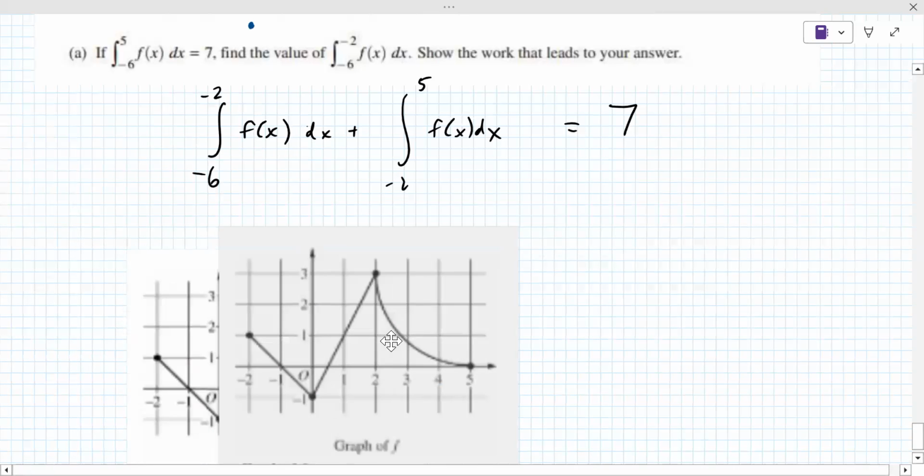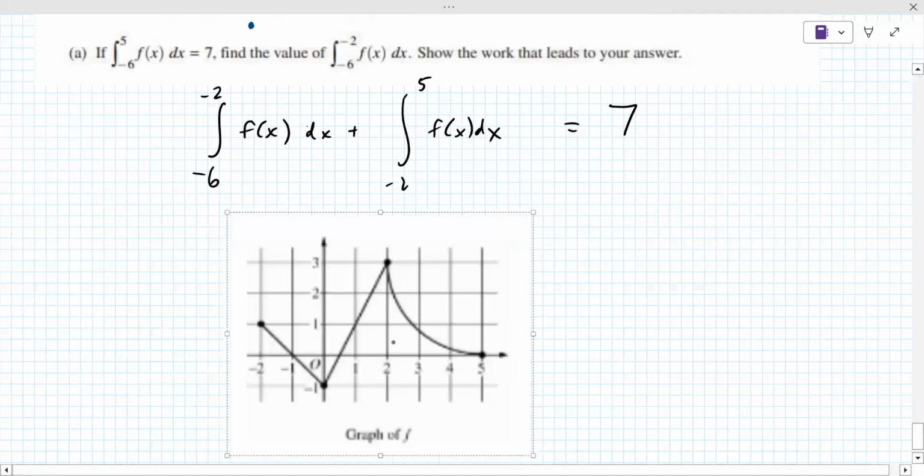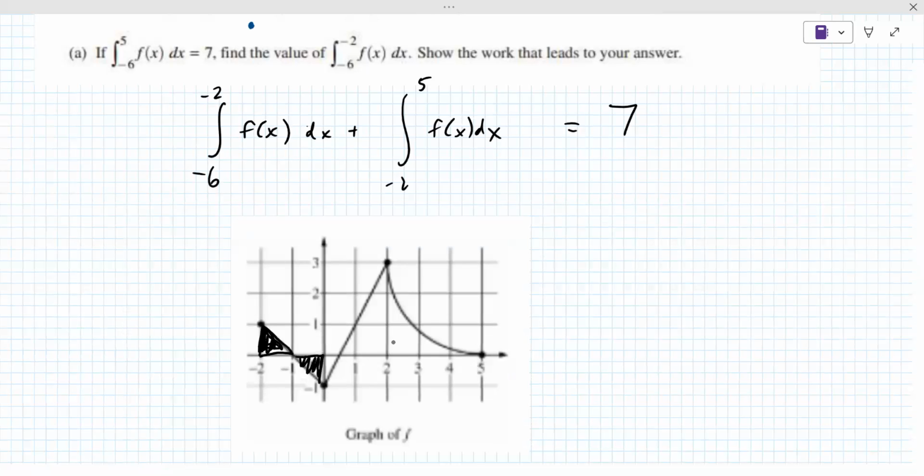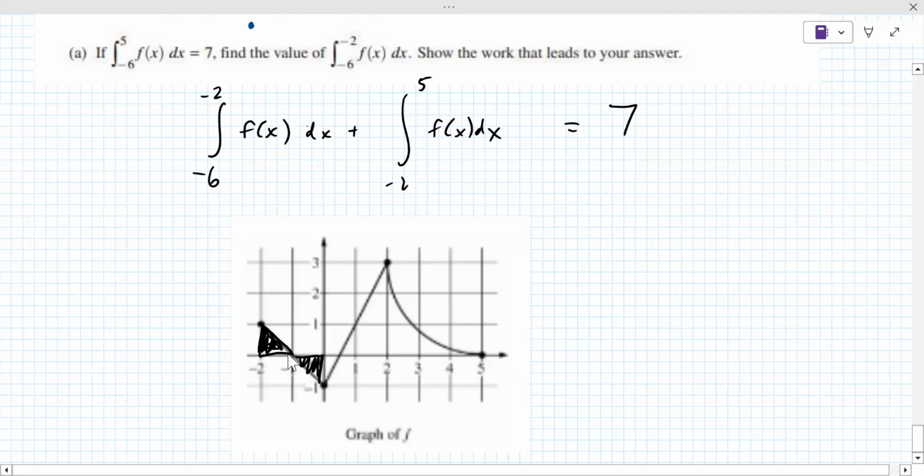All right. What I used to do is draw these shapes and then see if they canceled out. So the one up top here is positive, that one's negative, they cancel out. So there's nothing for that part because we're going from -2 all the way to 5. This one, not as good. You have to figure out what this is.